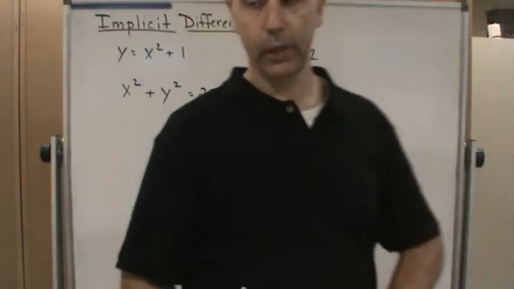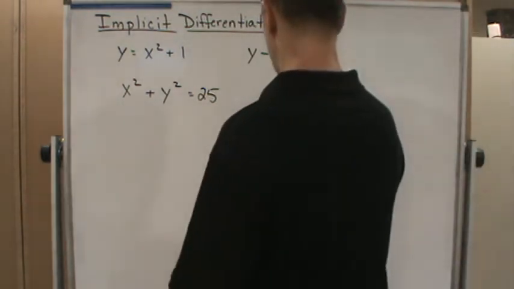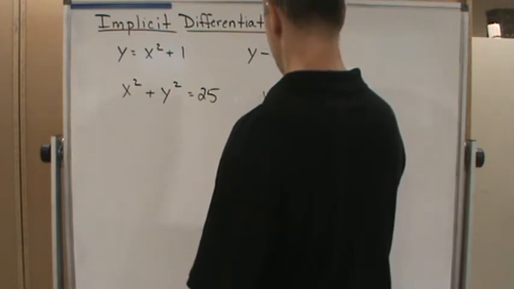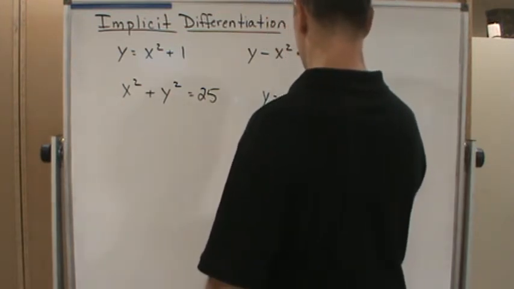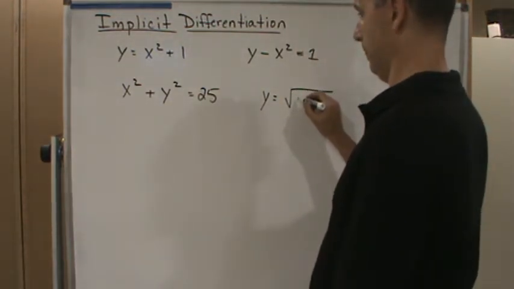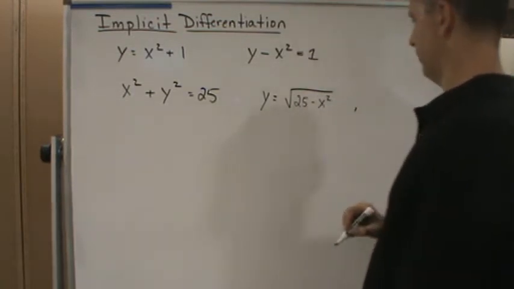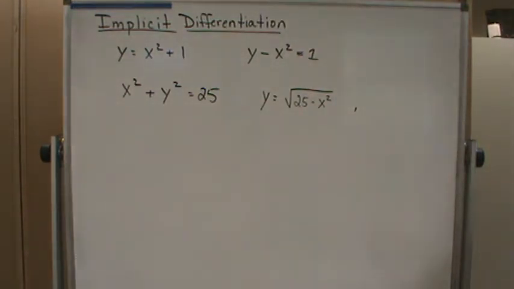You could say that this is equal to y equals the square root of 25 minus x squared, well, just this one. So we could say it implicitly defines this, right?